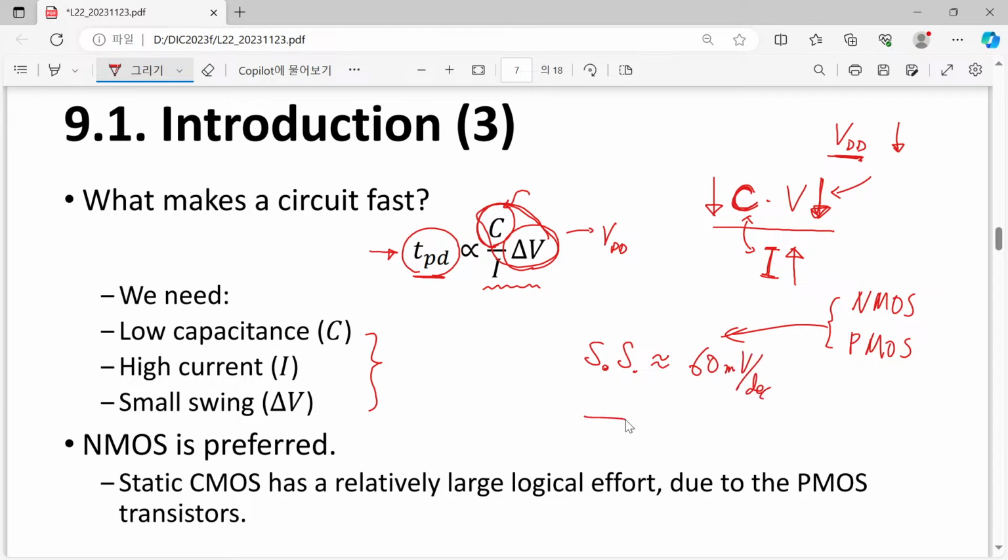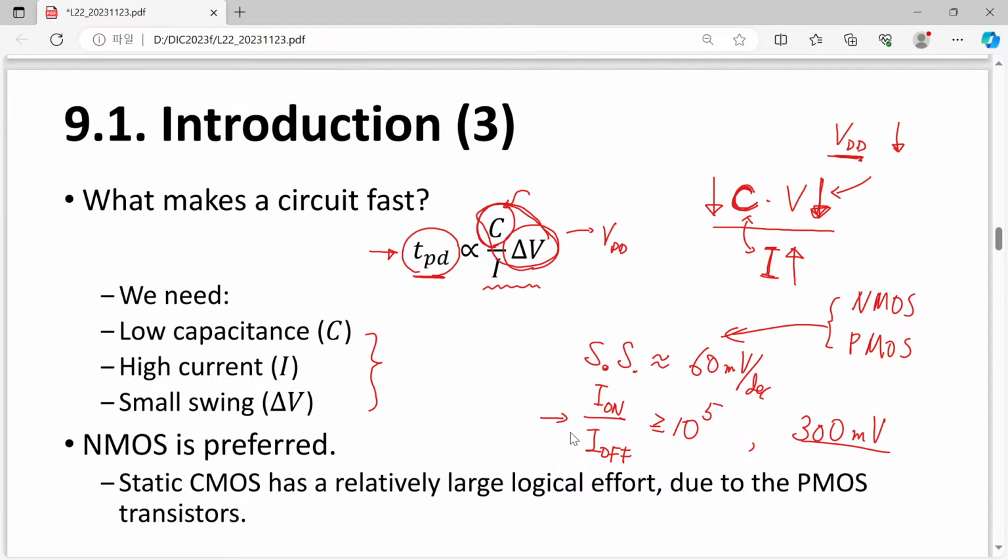If we wanted to keep the ratio of on current to off current larger than, for example, 10 to the 5, then even for our best device we need at least 300 millivolts to get this separation between on current and off current.